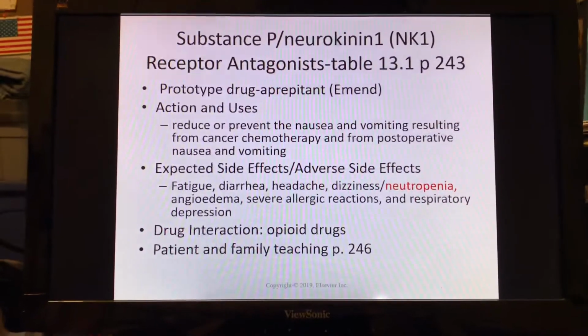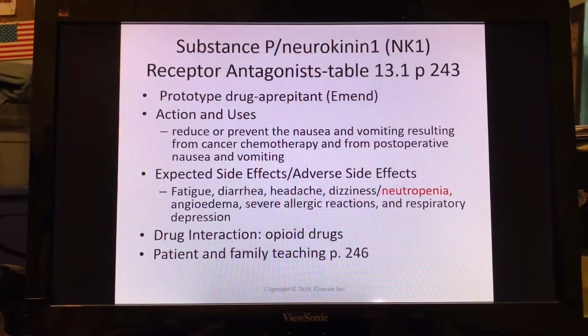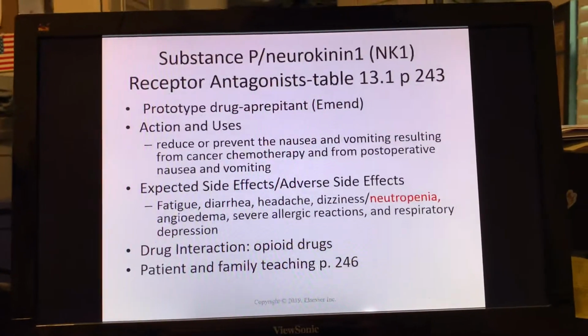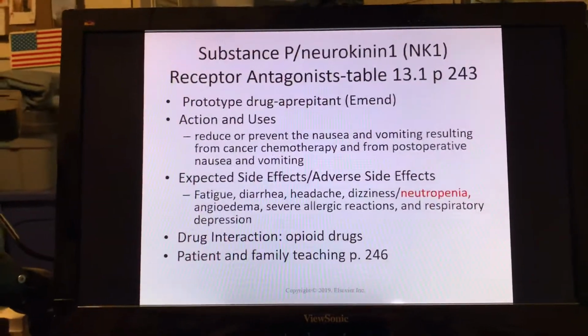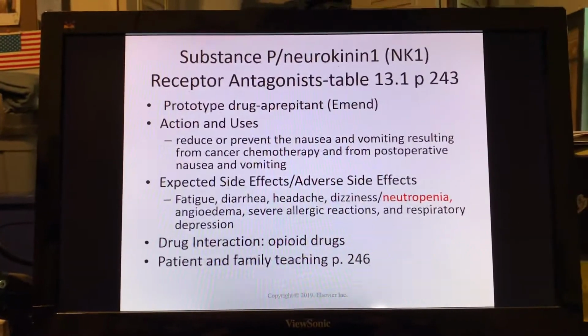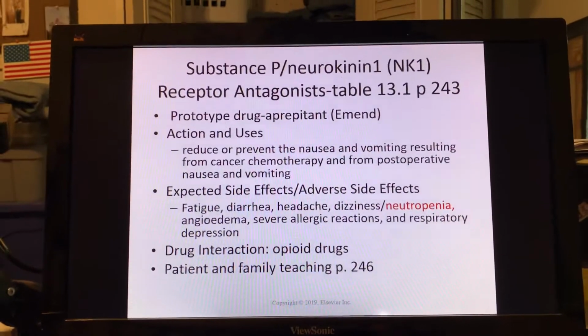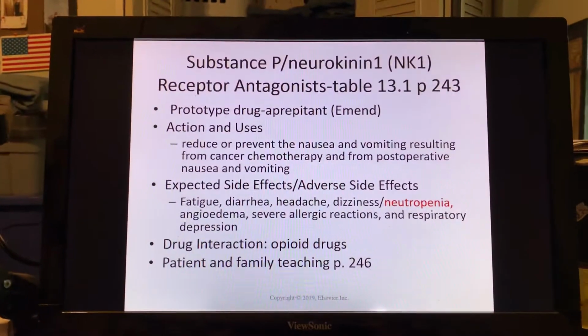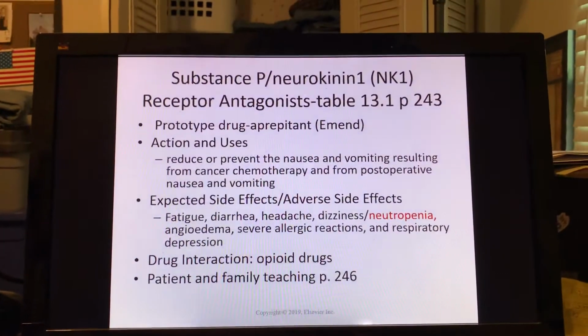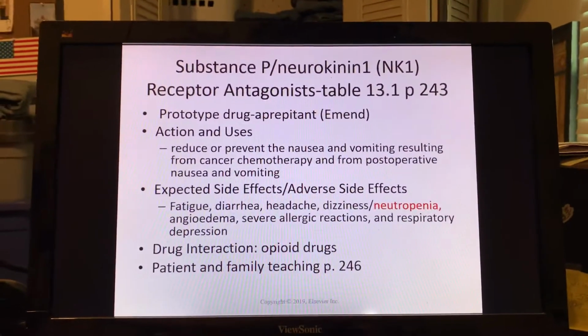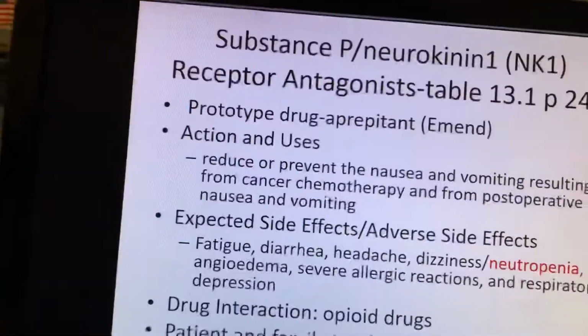So these drugs given over a period of time or in copious amounts could cause adverse effects. So, you know, this isn't going to be a drug you just give for any old little GI bug. This is usually going to be given in the clinical setting. It doesn't interact well with opioid drugs. Patient and family teaching is on page 246.